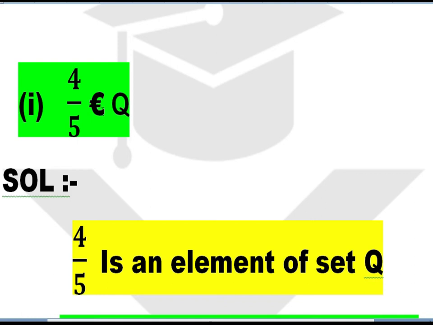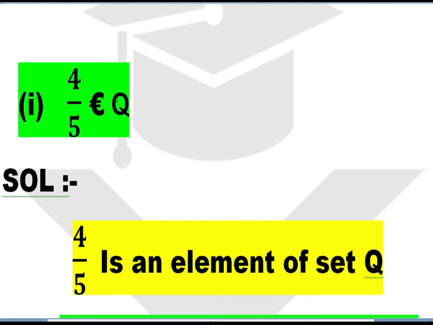Same as how we read equal or not equal, the equal sign, the same as here: belongs to, does not belong to. If it is given in a very simple way like this, then it is belongs to. So how to read this? This is called a set.